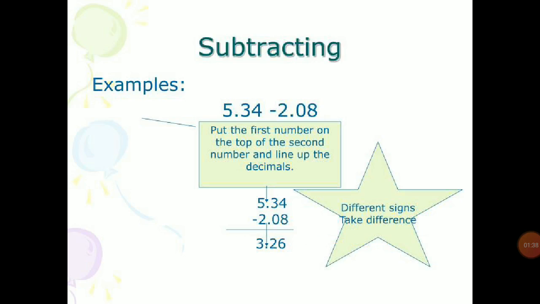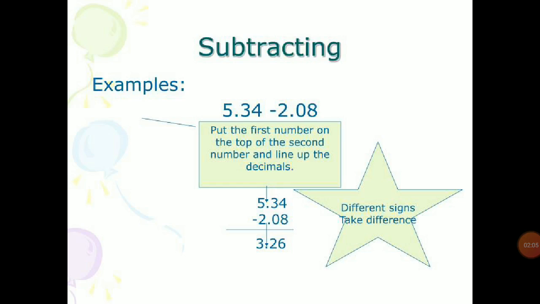Now the subtraction. 5.34 minus 2.08. The rule is the same for addition and subtraction: put the first number on top of the second number and line up the decimal. 5.34 minus 2.08.